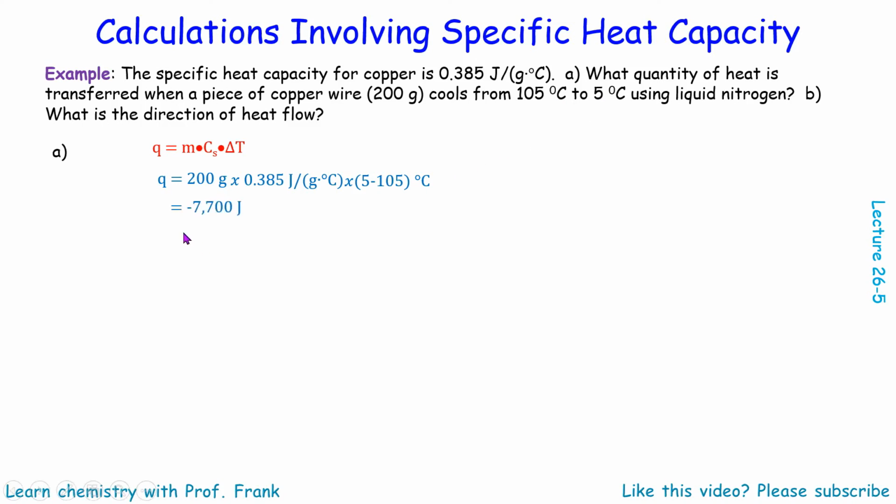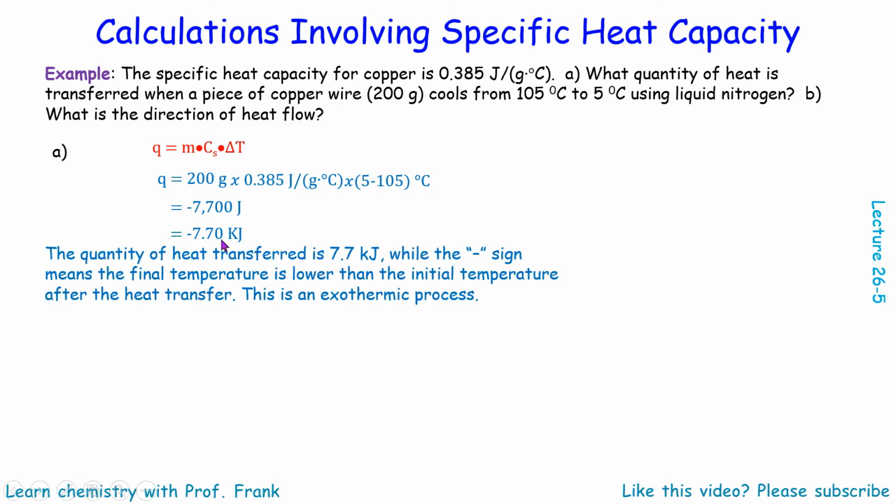And then we have negative 7,700 joules, or you can convert that to negative 7.7 kilojoules. This simply means the heat transferred is 7.7 kilojoules, and the negative sign means this is an exothermic process.